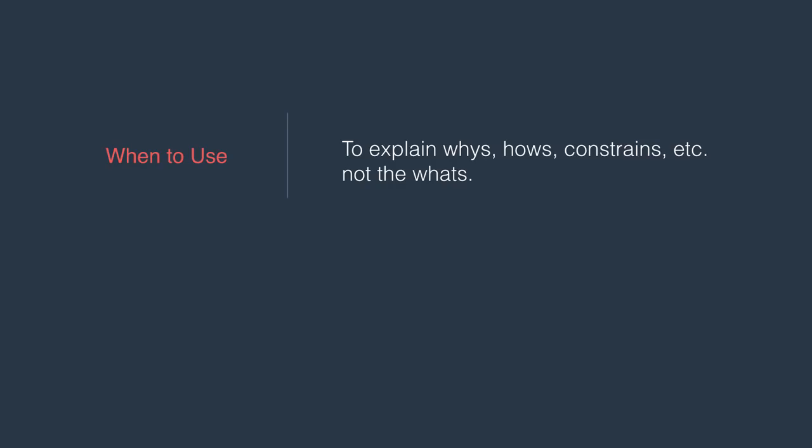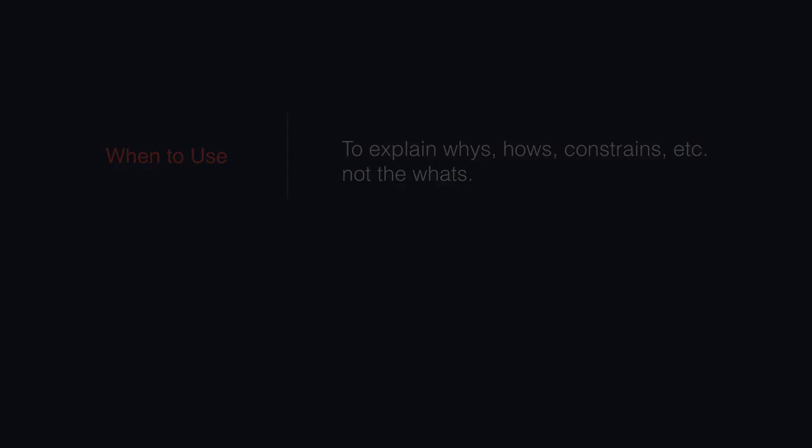So after a while, these comments become outdated. And because they don't get compiled like the code, there is no way to validate them, and after a while, they become useless. So again, keep them to a minimum and explain whys, hows, and constraints that you had at the time you wrote the code, so the next person who's reading your code knows the reason why you wrote the code that way.